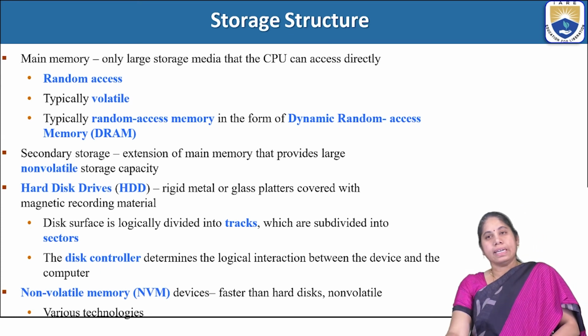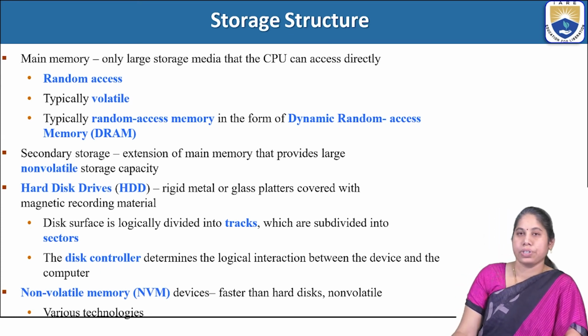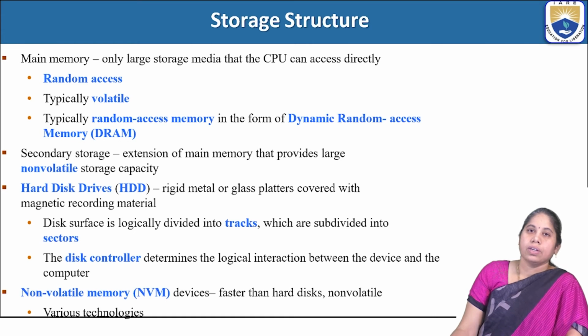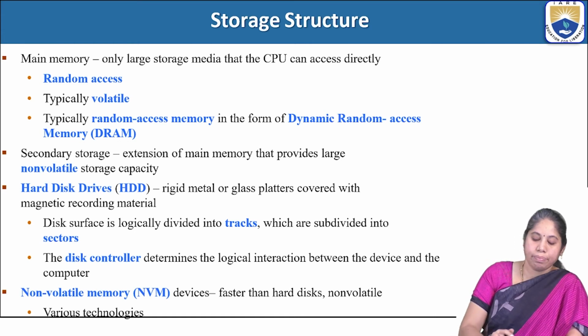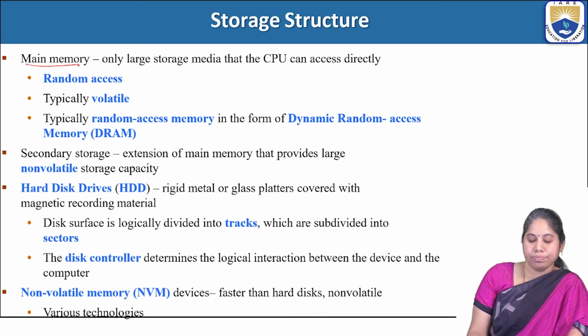Now come to the next concept, storage structure. Main memory is one kind of resource. The memory is used for the storage of the information that the CPU can access directly. There are two kinds of memories, RAM and ROM.